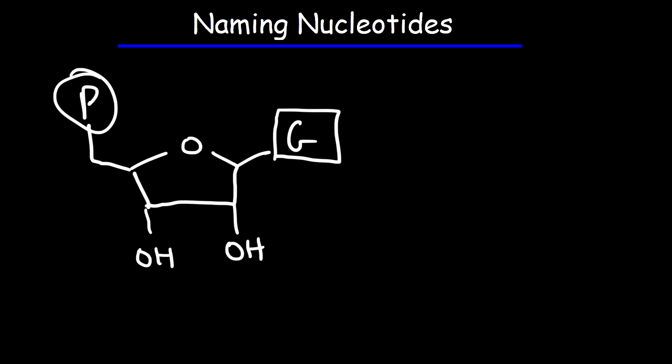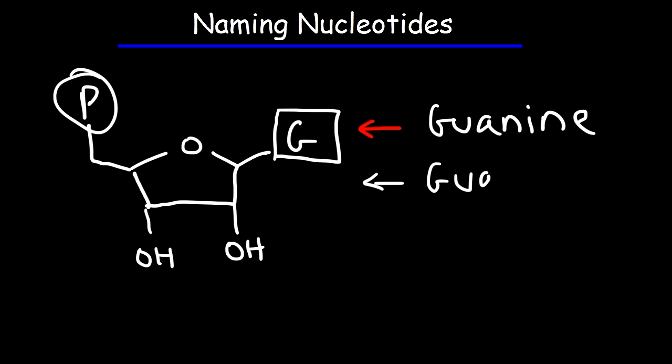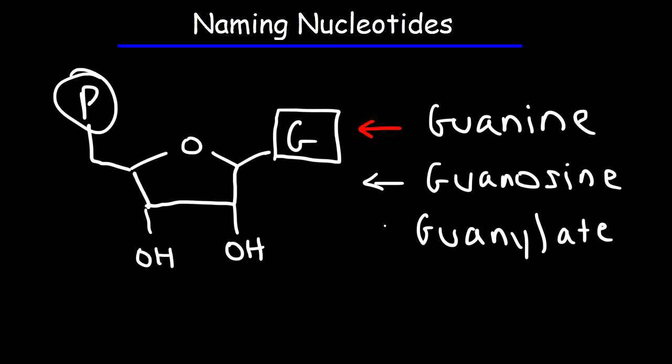So the nitrogenous base that we have, this is G, and so that's guanine. When we combine it with the sugar, it becomes a nucleoside called guanosine. But now, how do we name it once we have the phosphate group? So it becomes guanylate when the phosphate group is at position 5.